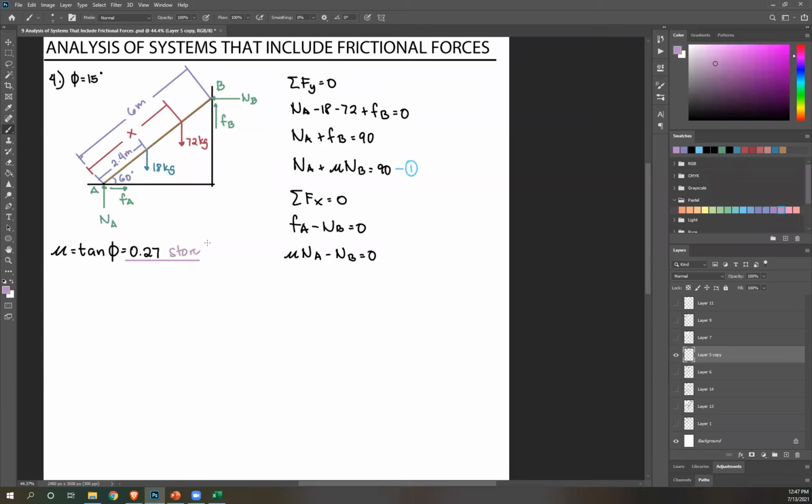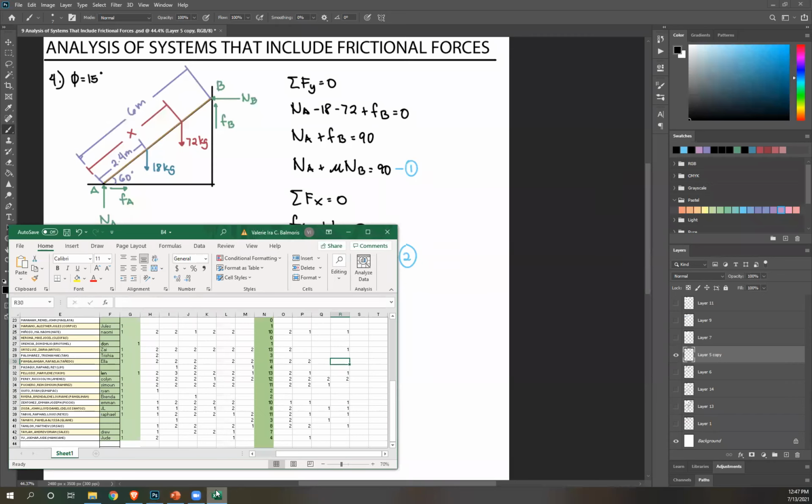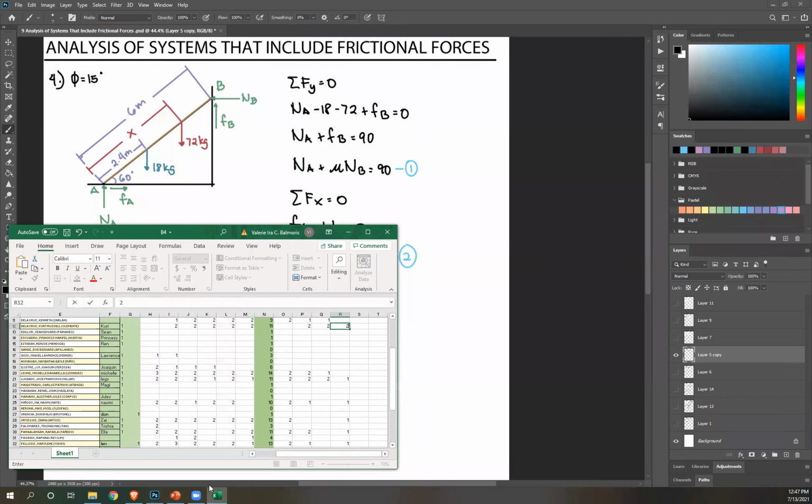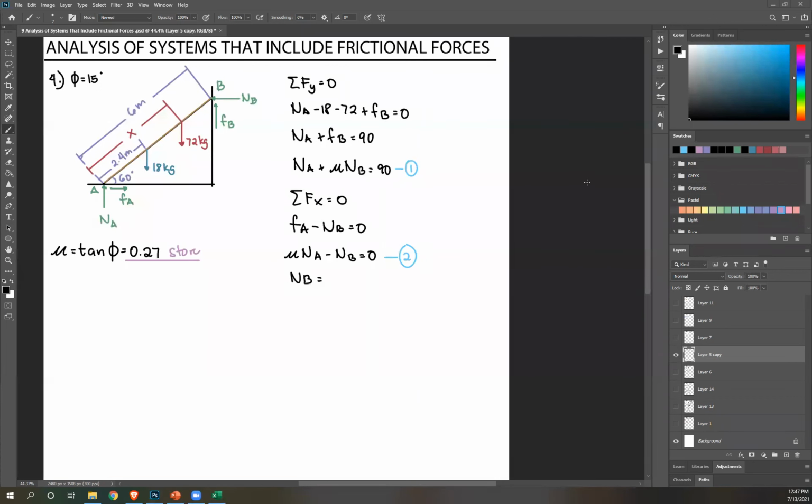Okay? So therefore, if mu is 0.27, I can solve for NA and NB. But the only thing I want to know is NB. So please solve what's NB. Correct. It's positive 22.5.